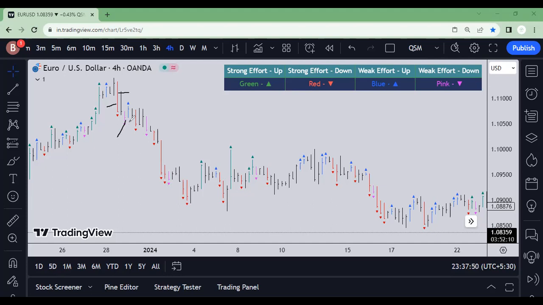Here there is a weak effort down, an effort upwards and an effort downwards. If this effort upwards was a testing of this buying, then by this point it was quite clear that there is a shifting of hands taking place between buyers and sellers.